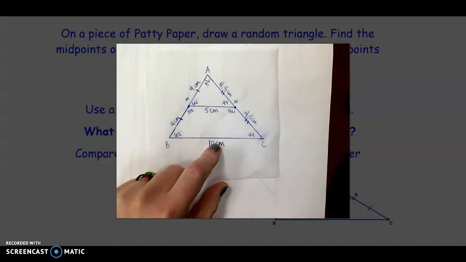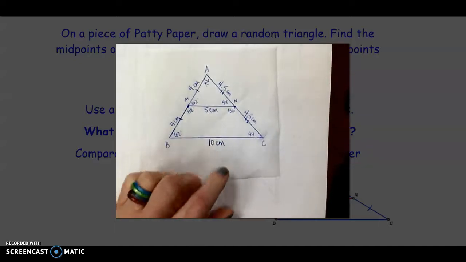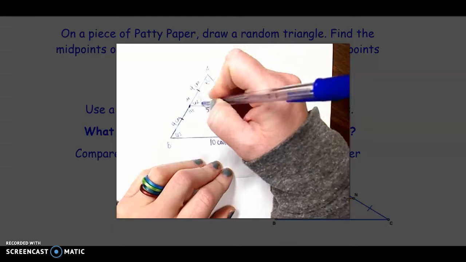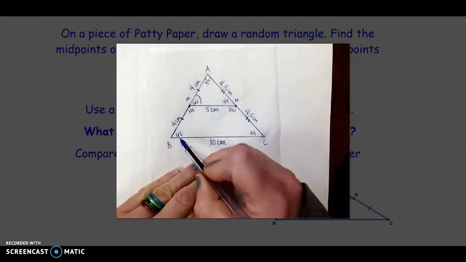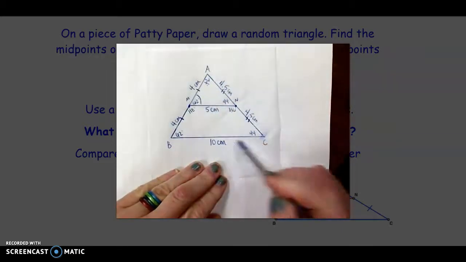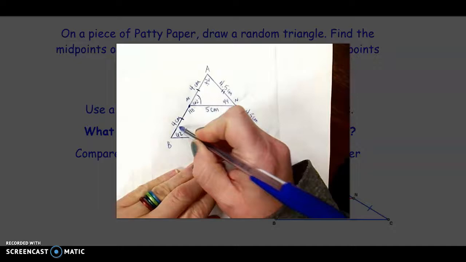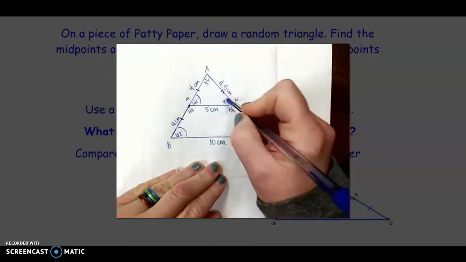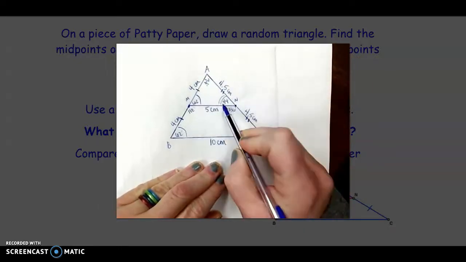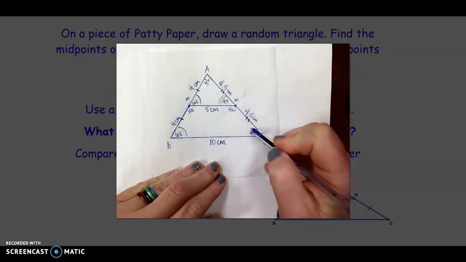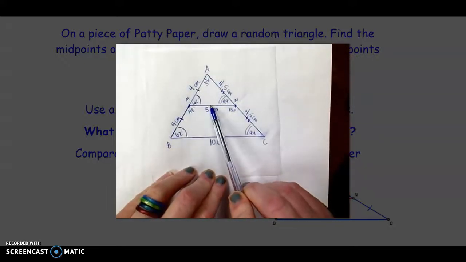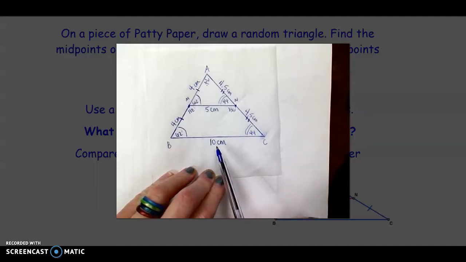The other thing that I hope that you discovered on your drawing is that this angle AMN, which mine was 62 degrees, is congruent to this angle ABC. Also, this angle ANM, which mine was 44 degrees, is congruent to this angle ACB. So that tells me something else that is important about the midsegment and the third side.